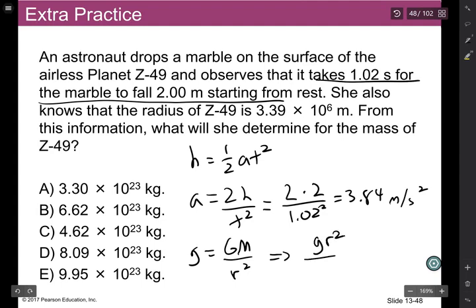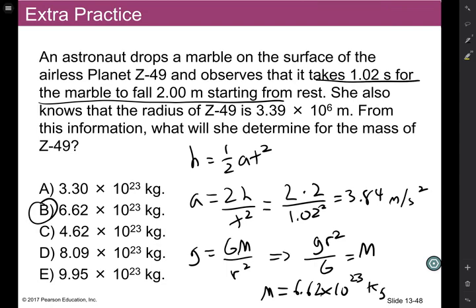So g little r squared over big G is capital M. If we now plug in the values we know, for little g of 3.84 times the radius that's given, 3.39 times 10 to the 6th, and square it, and divide that by capital G, 6.67 times 10 to the negative 11th, we're going to get M is 6.6 times 10 to the positive 23rd kilograms. 6.62, if I keep 3 sig figs, and that's option B. So it's a way to experimentally determine the mass or the radius of the planet if you know one of the two.